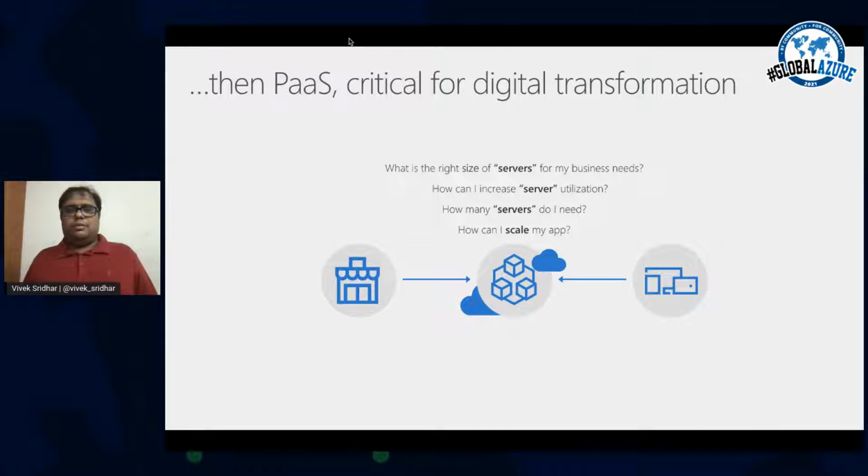Scaling your applications, which is the right size of servers you need to procure, and how do I utilize the servers which I have spun up. Have I been using them right or not. So these questions still existed with the PaaS layer as well, but it solved many problems.